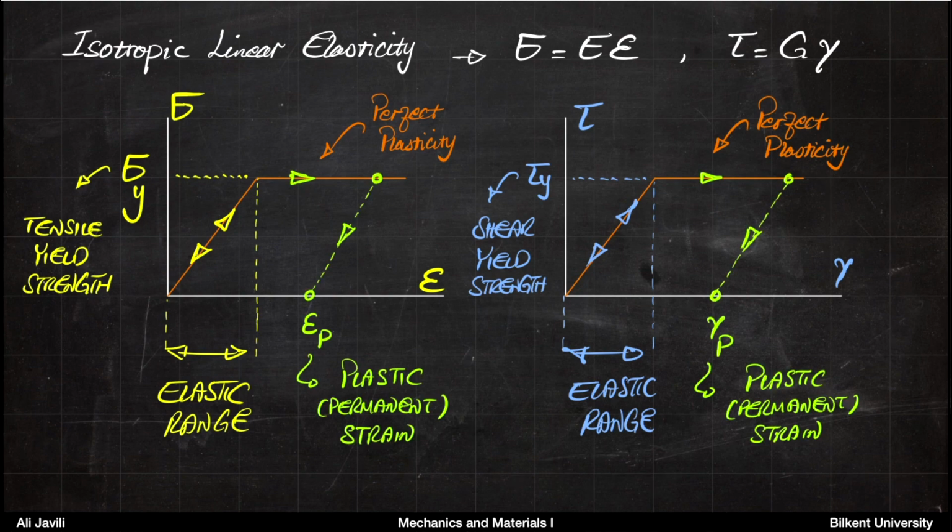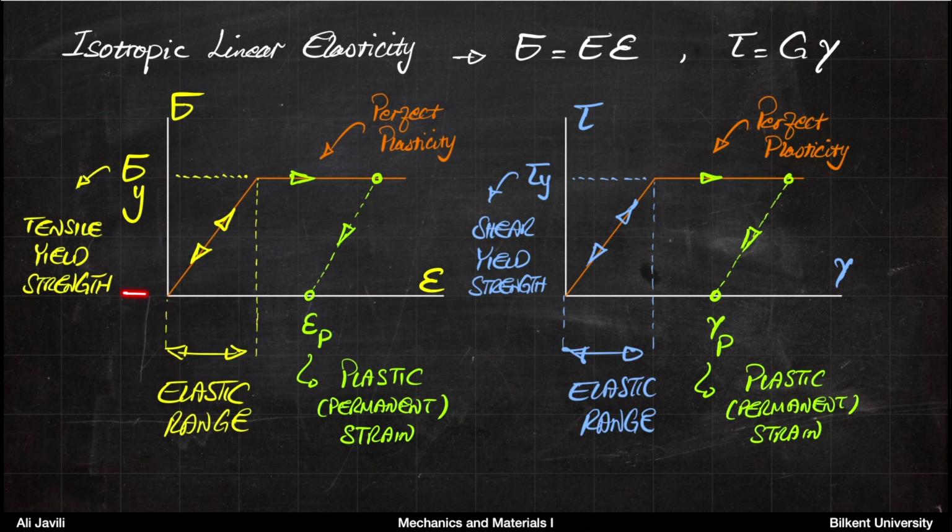However, if you reach the so-called plastic range, if you load the material and then you reach this point, for instance, when you unload it, when you release the force, it comes back parallel to the elastic line, but it does not go to 0. So you end up with this much strain in the material, even though there is no load on it.